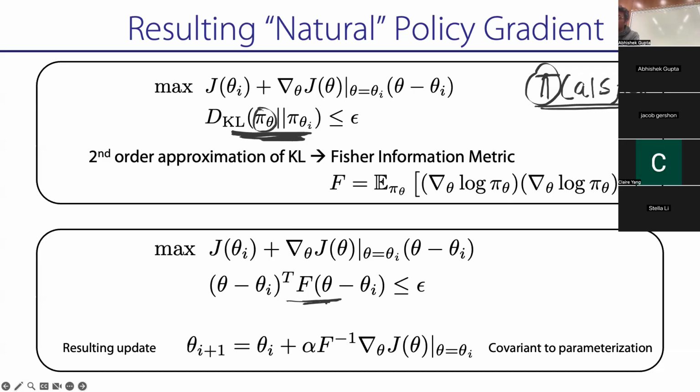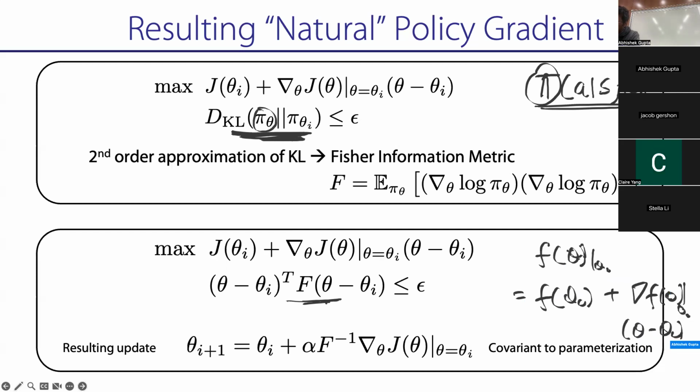The way I got from pi theta to actual thetas is the Taylor approximation. The Taylor approximation of some f of theta around some theta naught is f of theta naught, plus grad f at theta naught times theta minus theta naught, plus theta minus theta naught times the Hessian times theta minus theta naught.